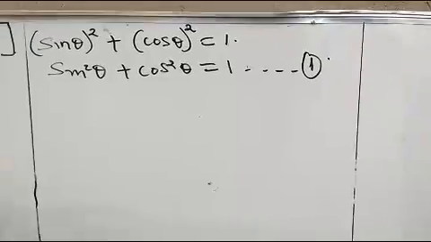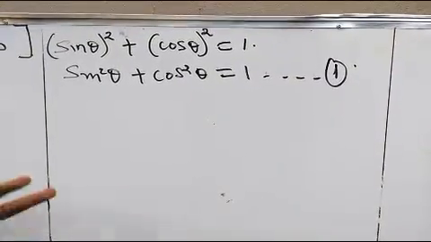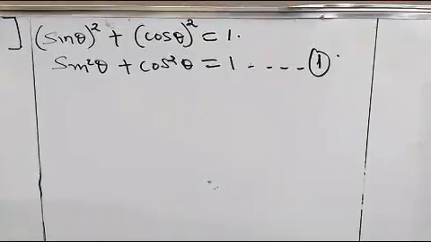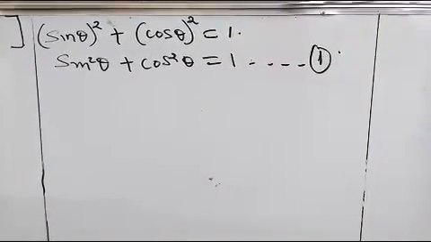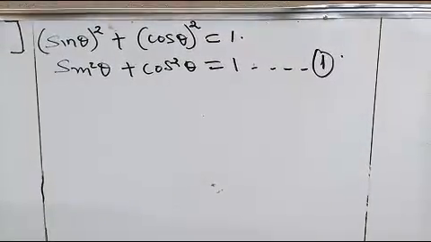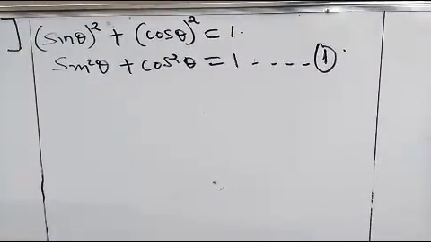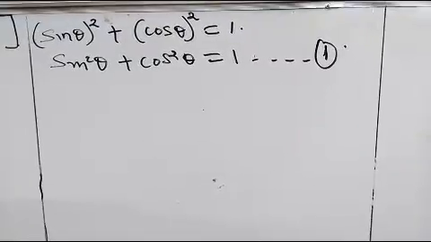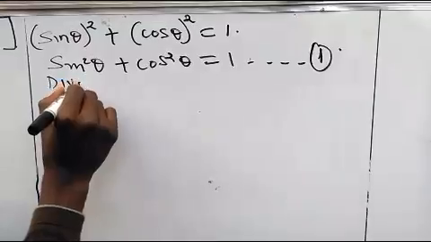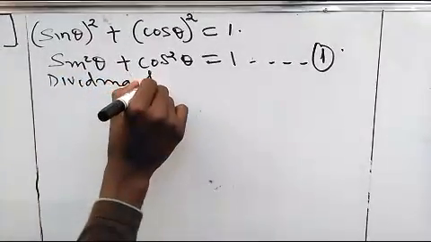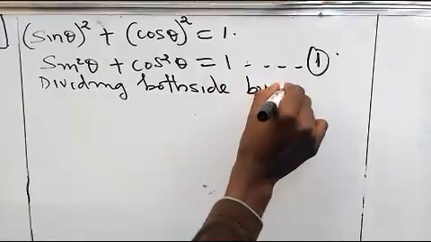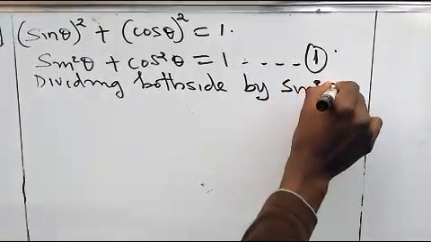Now, from this trigonometric identity, we are going to derive the other trigonometric identities by simply what? By either dividing both sides of the equation by sine squared theta, or by dividing both sides of the equation by cos squared theta to derive the other two trigonometric identities. Now, let's divide both sides by sine squared theta.